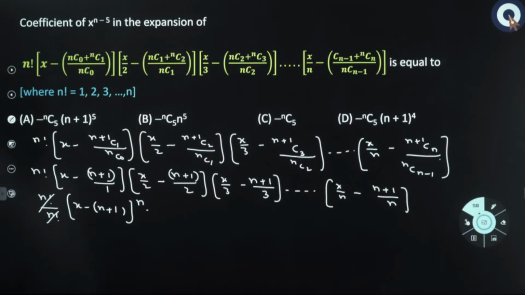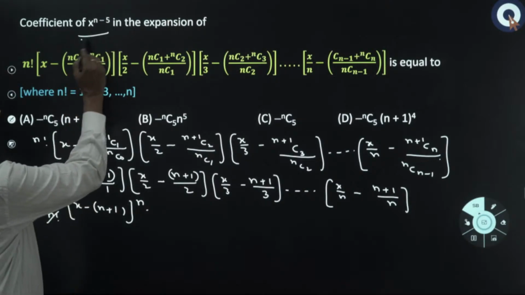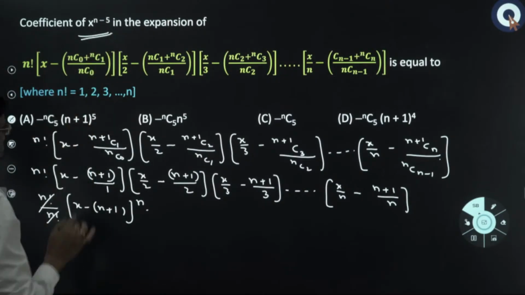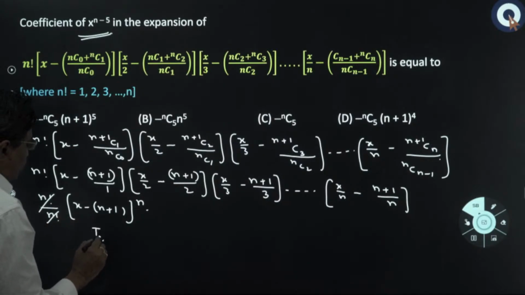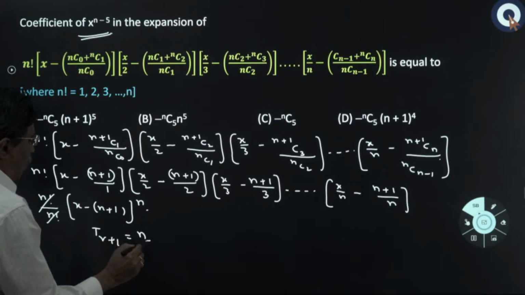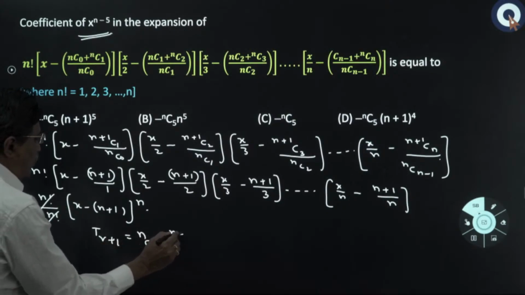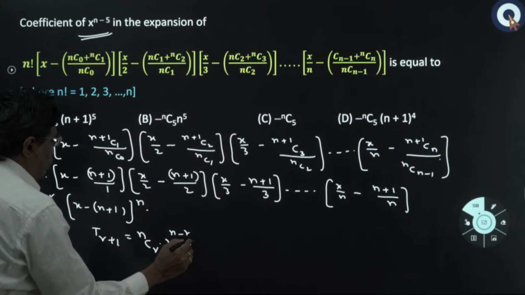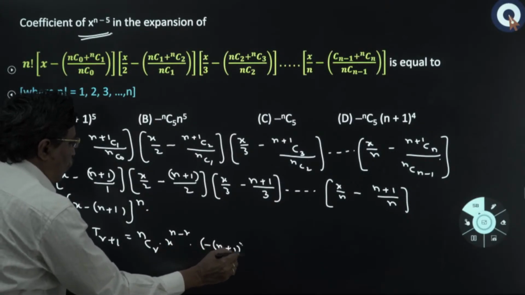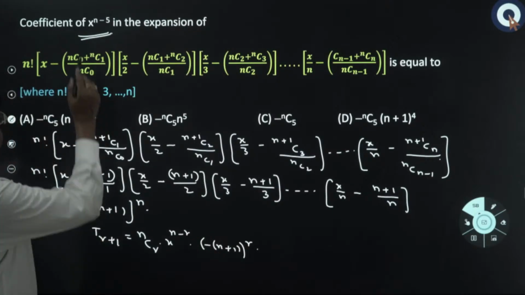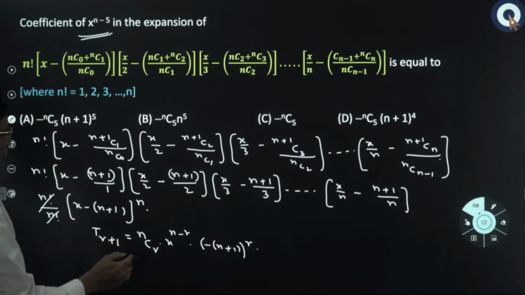In this, we want the coefficient of x power n minus 5. The general term T(r+1) in this is nCr x^(n-r) times minus of (n+1) whole to the power of r. So you want the coefficient of x power n minus 5, so put r is equal to 5.